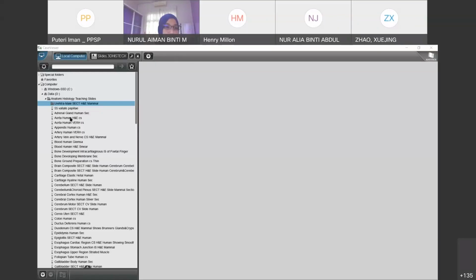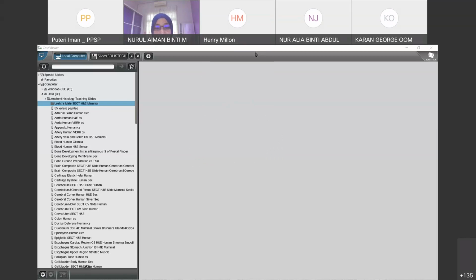I have mentioned to you the simple epithelia: simple squamous, simple cuboidal, and simple columnar. Then there is another one, transitional.